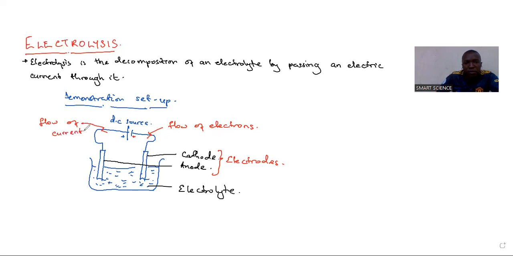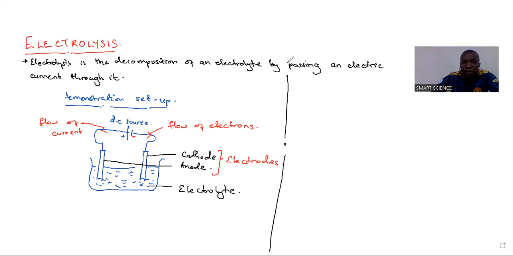So current flows in the opposite direction to that of the electrons.